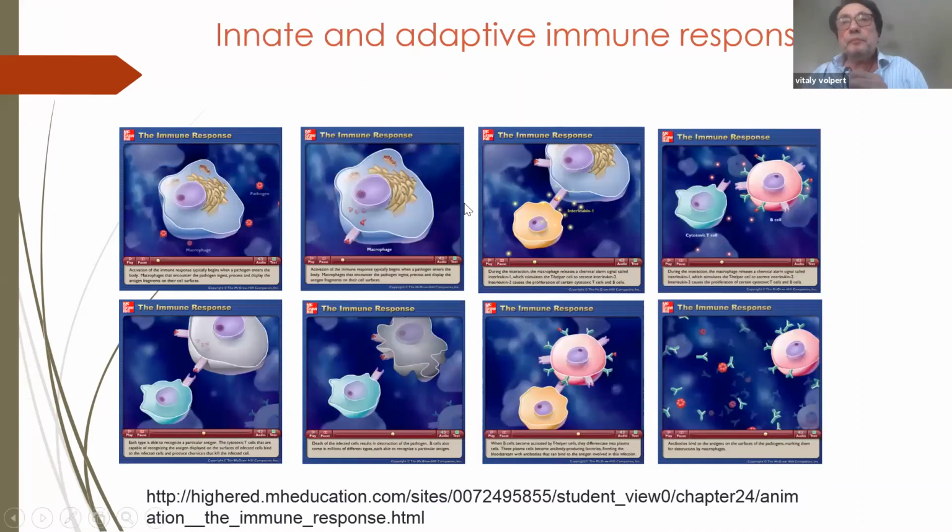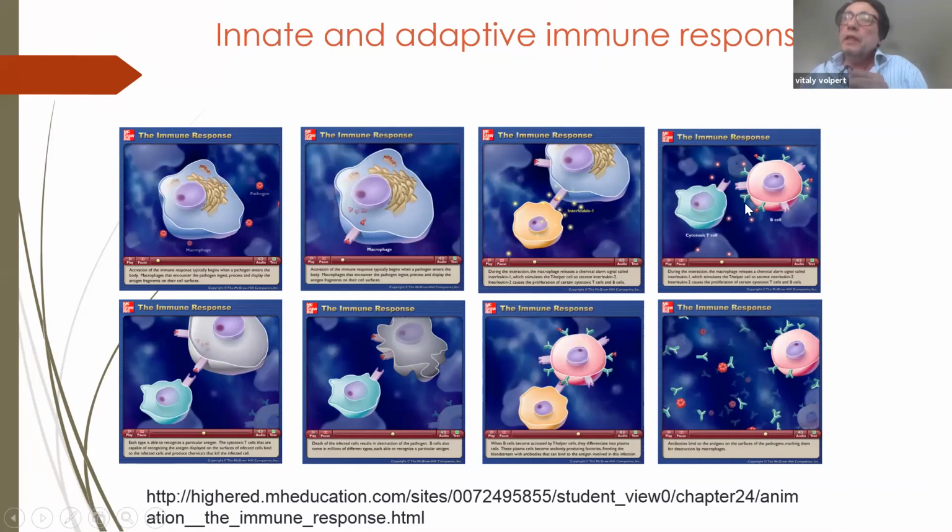And at the same time, our organism reacts to this viral infection. There are different mechanisms, innate immune response and adaptive immune response. There are the cells of innate immune response, like macrophages or dendritic cells. They recognize these viruses called antigens, and then they activate T lymphocytes and B lymphocytes.